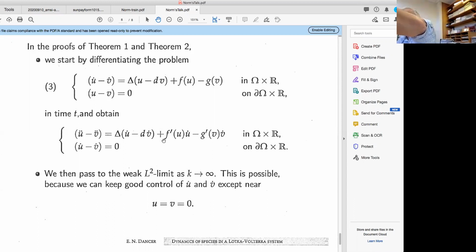There's the point here. We know what U goes to and we know what V goes to, so we can show we actually get a good differential operator, which we can apply completeness theorems to.